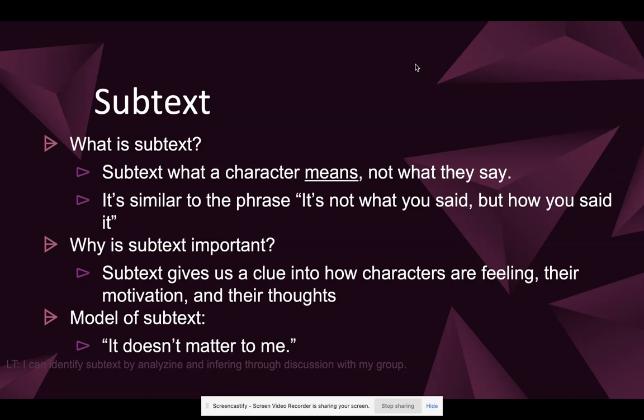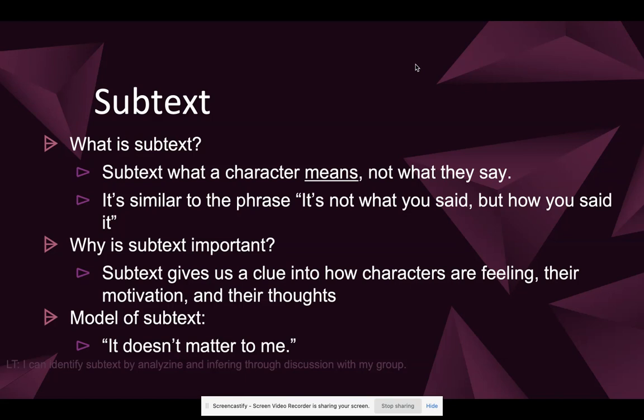So let's do a model. Let's say that Miss Townsend and I are having a conversation and she asks me a question and I say, "Oh, it doesn't matter to me," right? My tone of voice would make you think, "Oh, it doesn't really matter to me." It's pretty chill. Doesn't seem like I really care, right? But let's try it a different way. Let's say we're having the same conversation. She asks me the same question, and I say, "You know what? It doesn't matter to me."